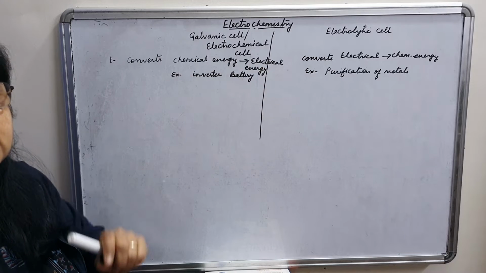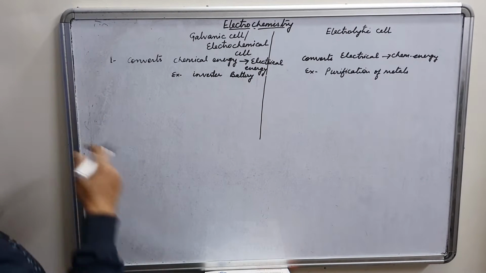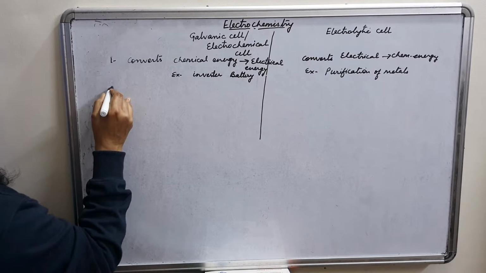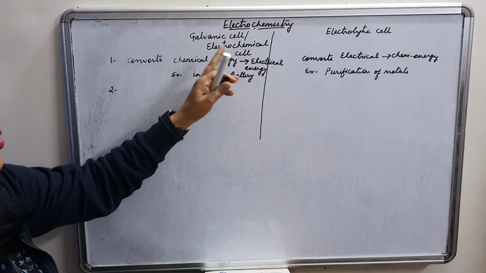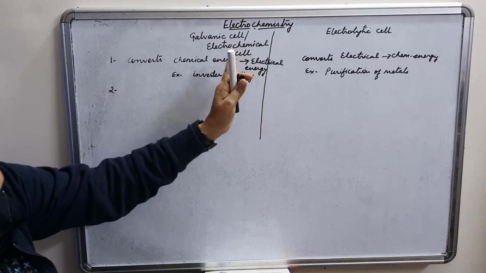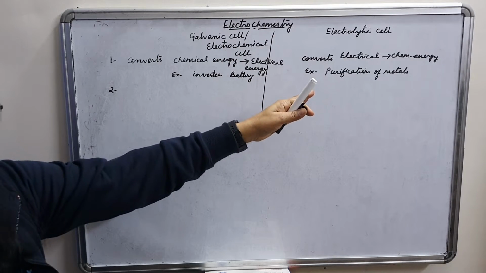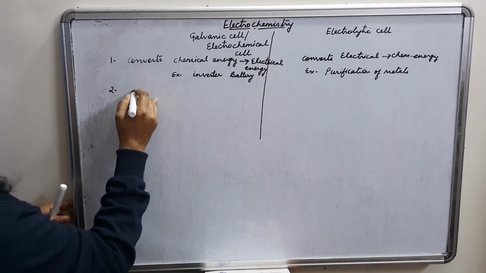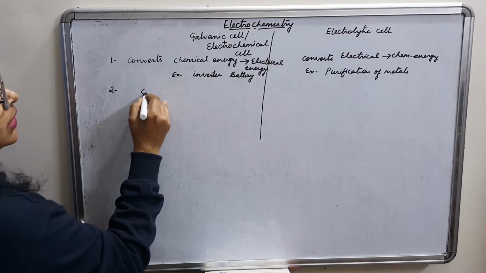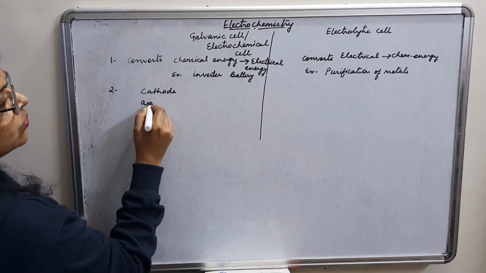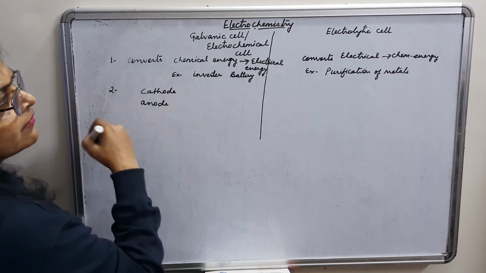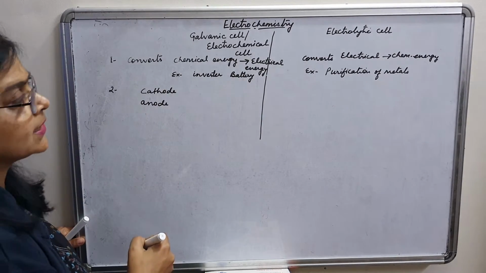In the galvanic cell, the electrodes cathode and anode are there, and the same are there in the electrolytic cell also, but we have to see what the difference is. Here cathode and anode have different charges from the electrolytic cell.